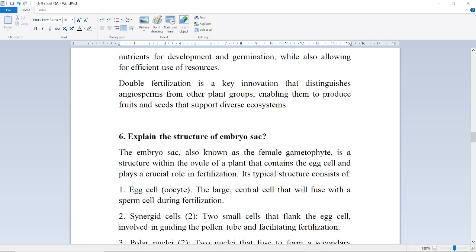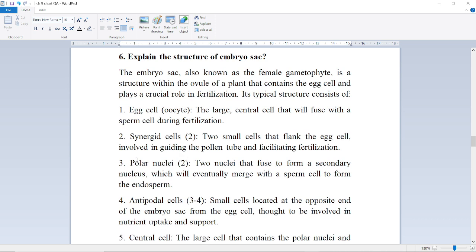Next is question number 6. Explain the structure of embryo sac. The embryo sac, also known as female gametophyte, is a structure within the ovule of a plant that contains the egg cell and plays a crucial role in fertilization.